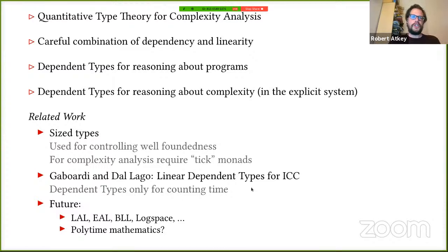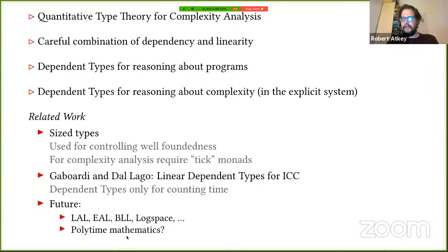And in the future, the main thing I want to do is to implement this system so I can actually give you some examples rather than the small examples I've written so far. But there are many more implicit computational complexity systems, like light affine logic, elementary affine linear logic, bounded linear logic, systems for log space, that kind of thing. And I think one interesting thing is to look at a type theory version of polytime mathematics.